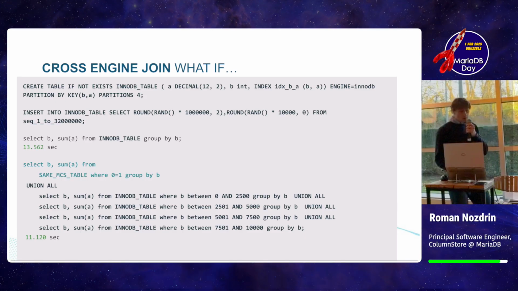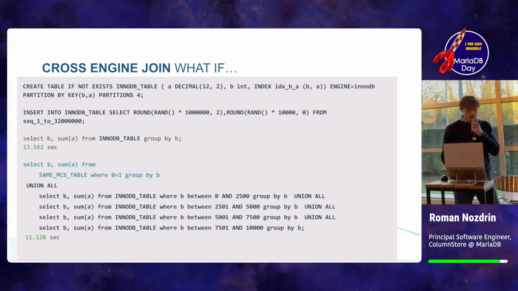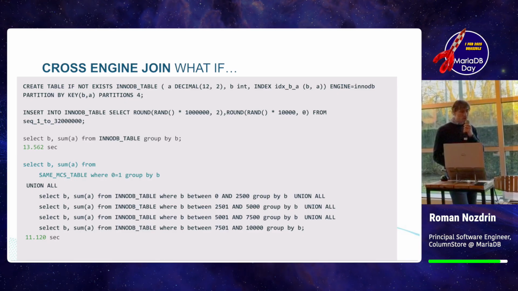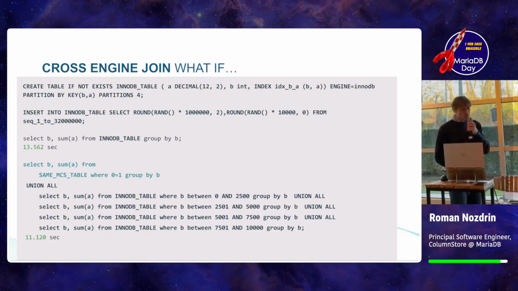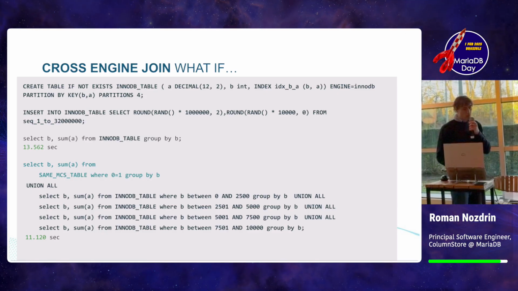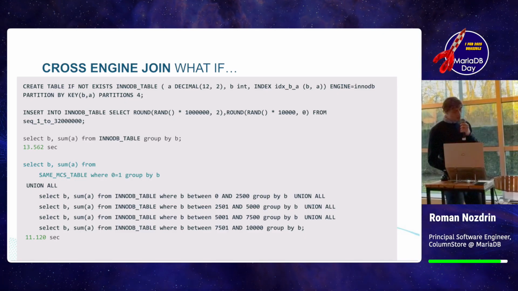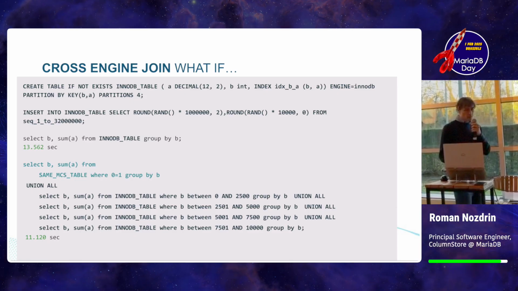And on the second, lower half, you see this query that is actually a combination, or a trick, to force the MariaDB server to push the query into Columnstore, by calling a Columnstore table with an impossible condition, so that no data will come from this table.